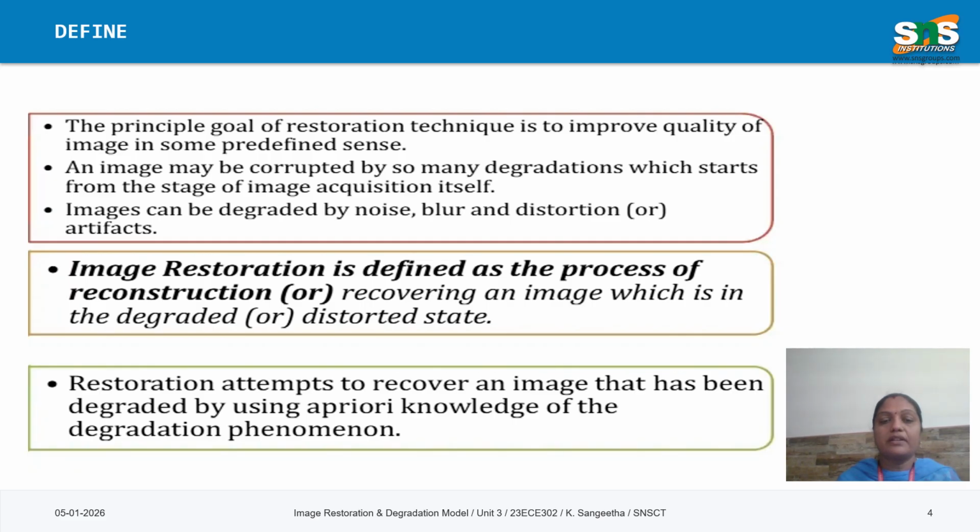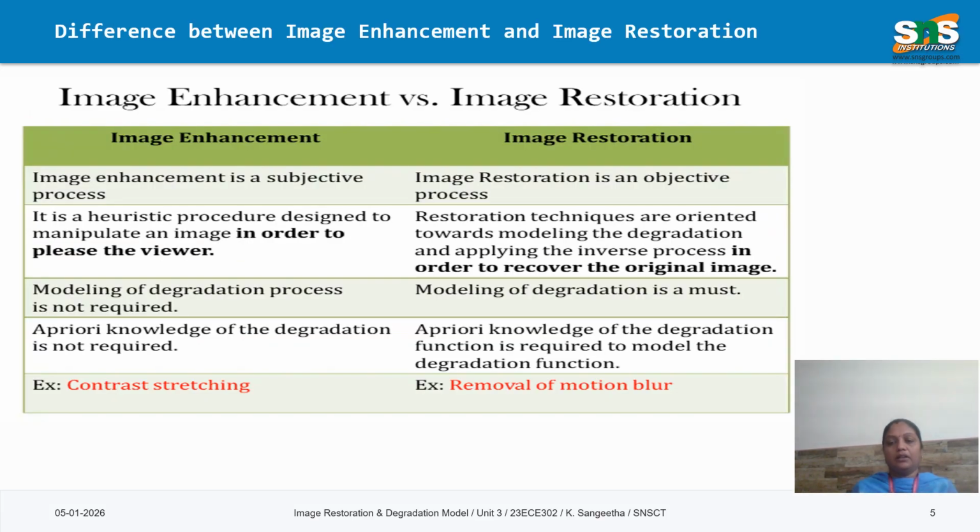So image restoration is defined as the process of reconstructing or recovering an image from the degraded state, that is from the blur and from the noise. The restoration is used to recover an image that has been degraded by using appropriate prior knowledge of the degradation phenomenon.